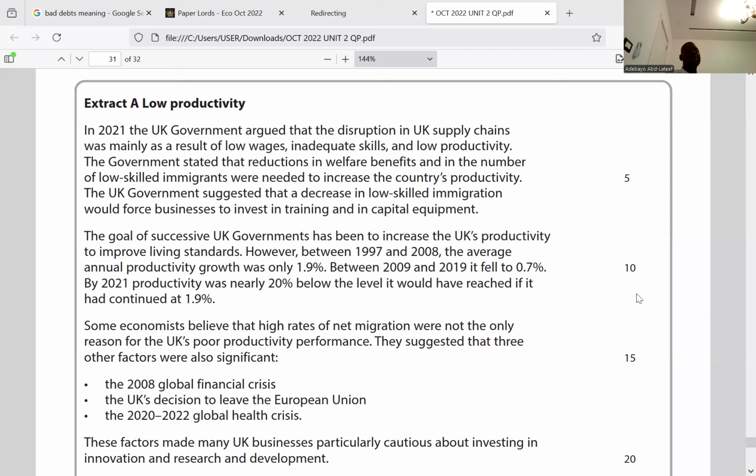Reduced welfare benefit means unemployed people get less payment. It means unemployed people who feel the welfare benefit is sufficient for them will now figure out that it's not enough anymore. That would encourage them to start working. Okay, that's one.